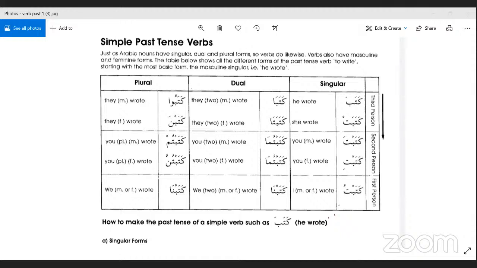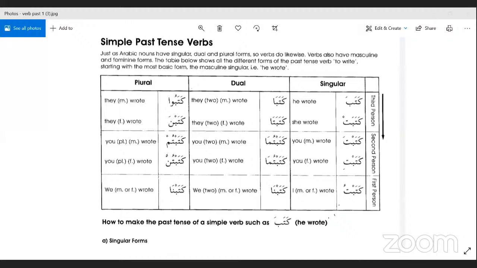Sister Seema, would you be able to conjugate Nasara? I only have Fataha on the screen, but following the pattern of Fataha, conjugate Nasara. If not, then do Fataha.